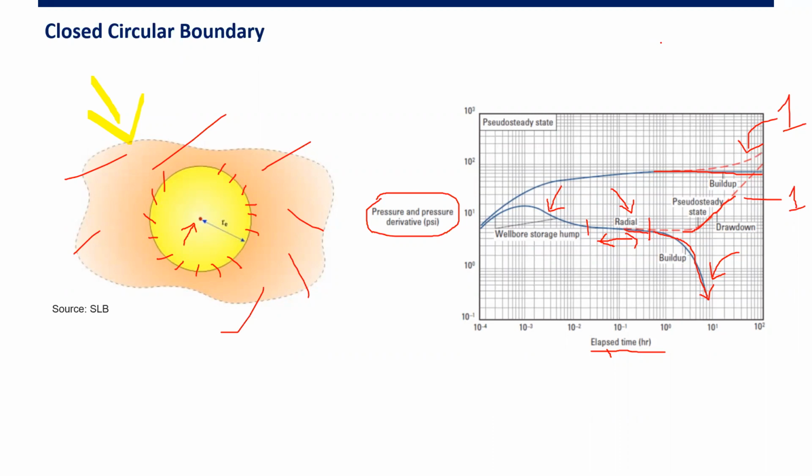That's the first guess, the first assumption you can have when you perform pressure transient analysis if you are not quite clear about the shape of the boundary of the reservoir section close to your well. So I think that's all for the closed circular boundary.